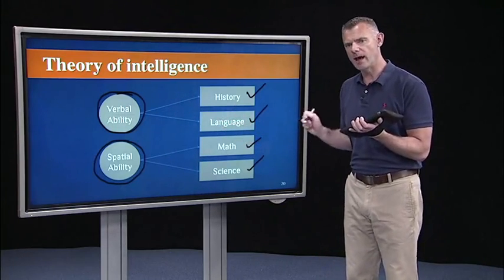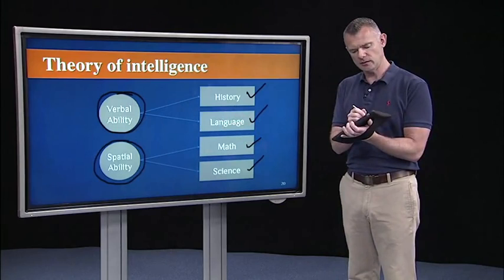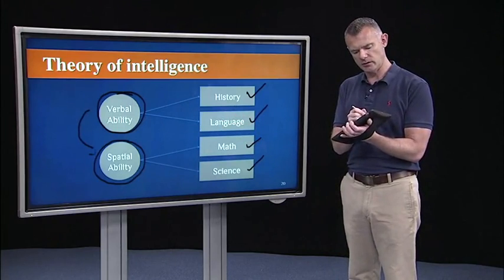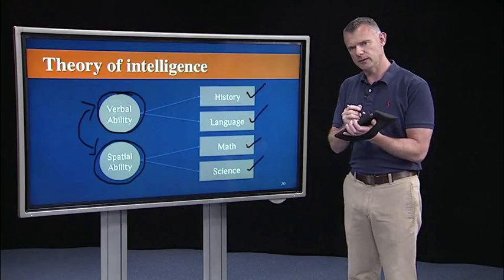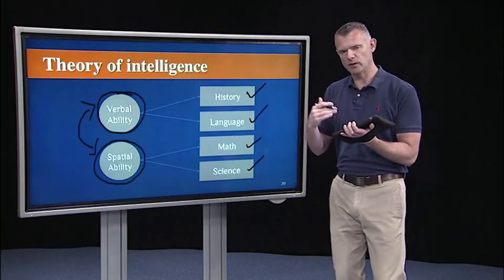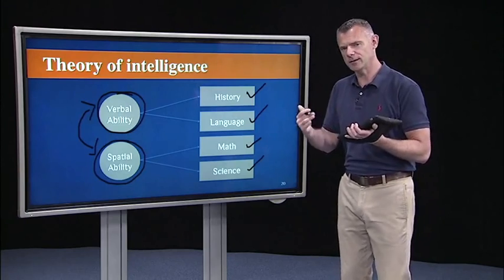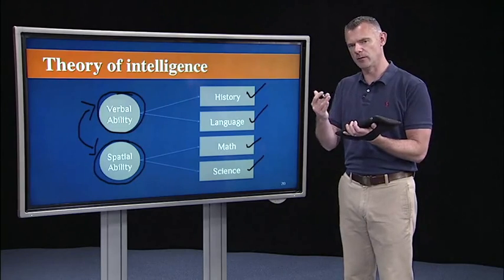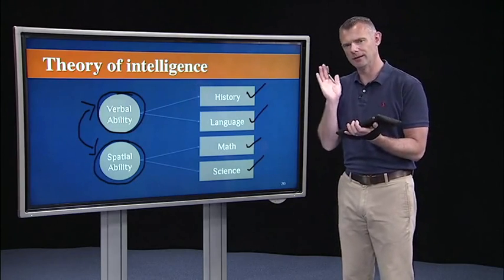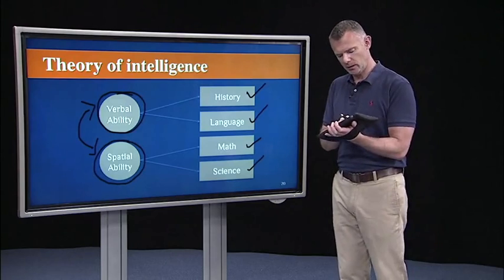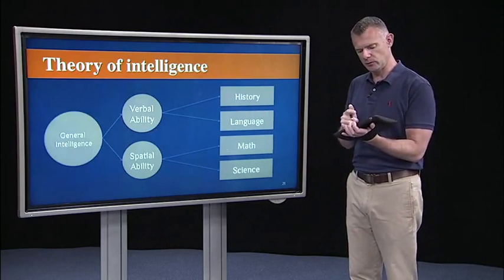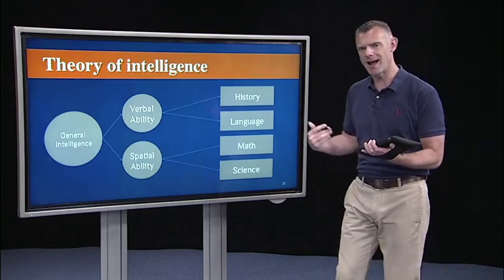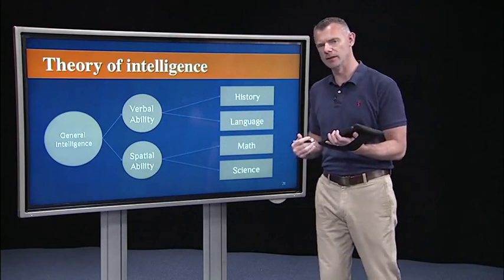The only problem with that approach is that there still tends to be a positive correlation between these abilities. Even among verbal and spatial ability, there's still some positive correlation. As you saw in the scatter plot with math and history scores, they're still positive. So what that led people to propose is what's known as a hierarchical model of intelligence.